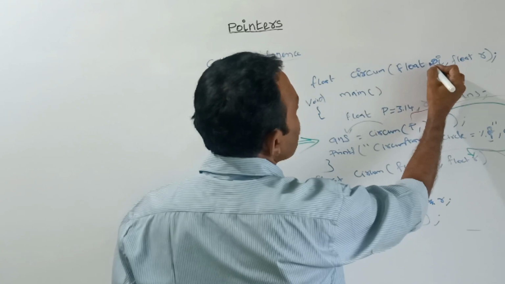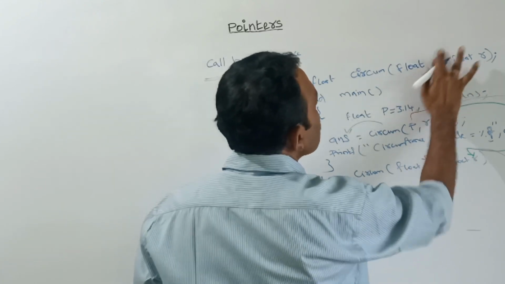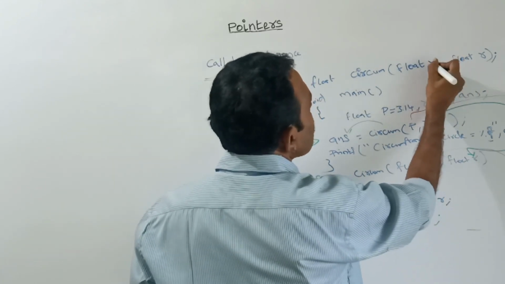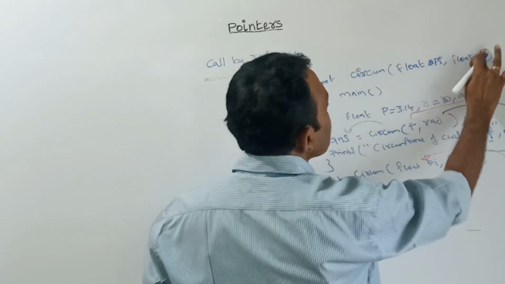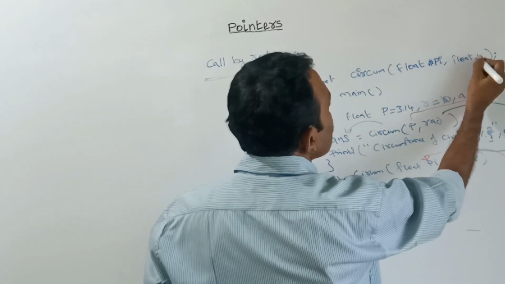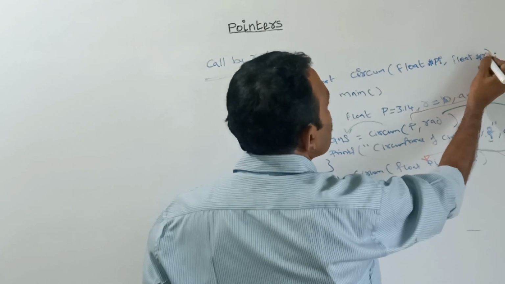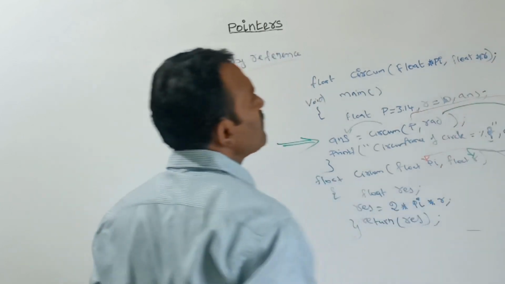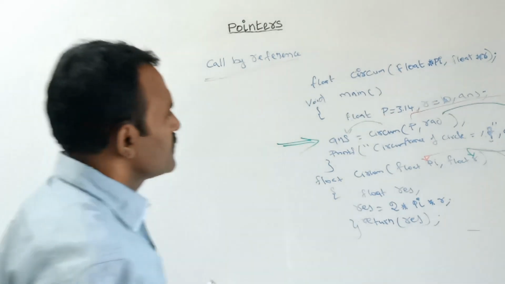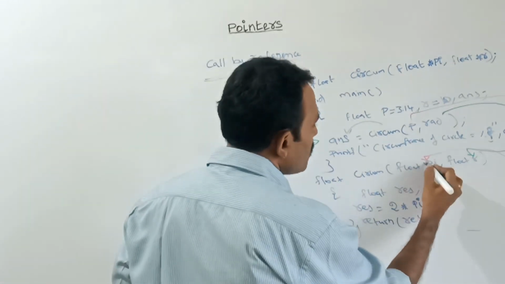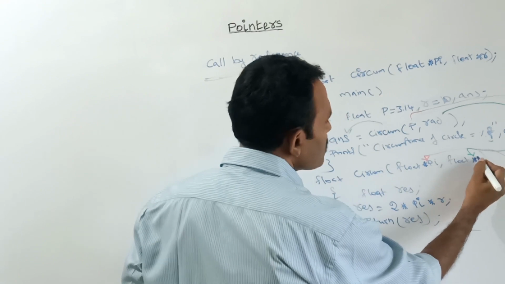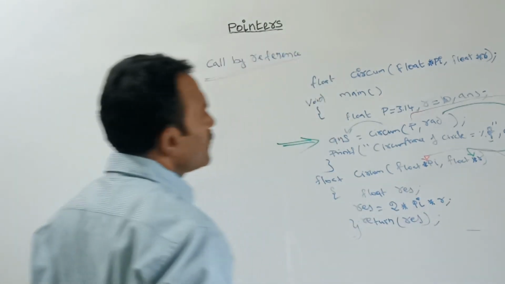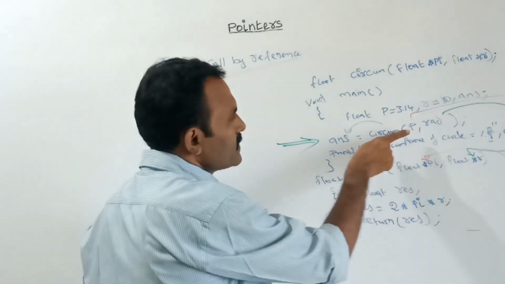Here in the very first argument, let us assume star pi. Next, for radius, I am giving star r. In the same way here also, star pi, and next these pointer variables, star r. See, here we should pass the address, this is the main thing.